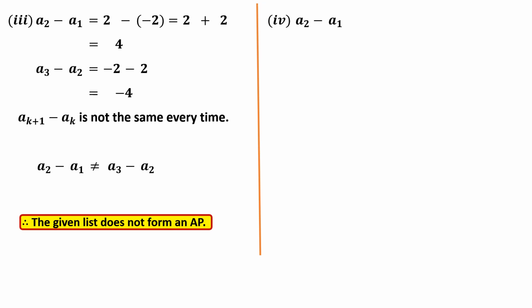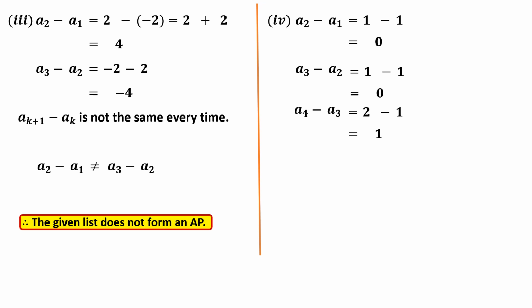Fourth one. A2 minus A1 equals 1 minus 1, which is 0. A3 minus A2 equals 1 minus 1, again 0. A4 minus A3 is 2 minus 1, this is 1. What do we conclude?